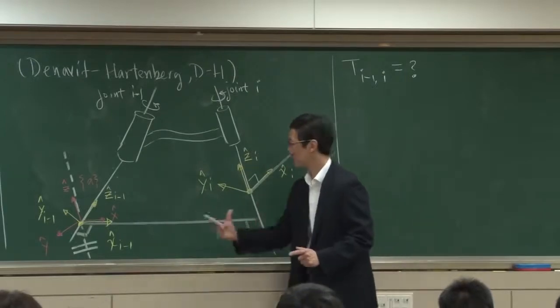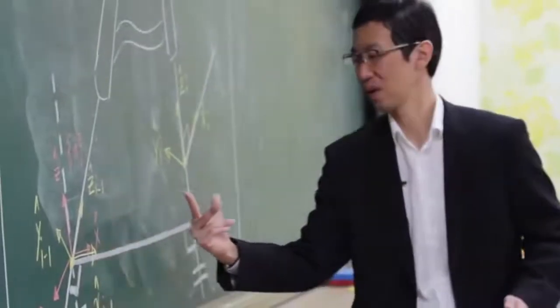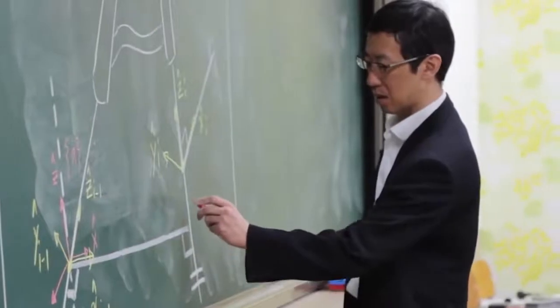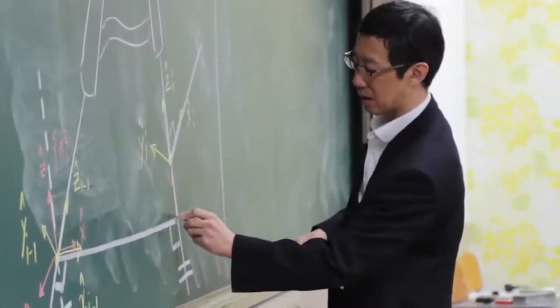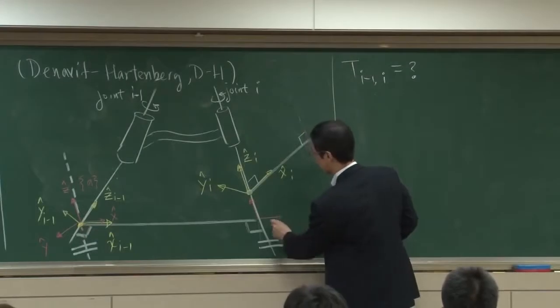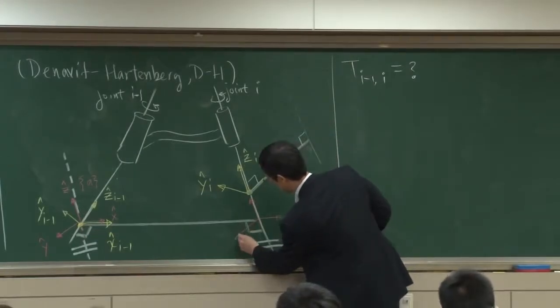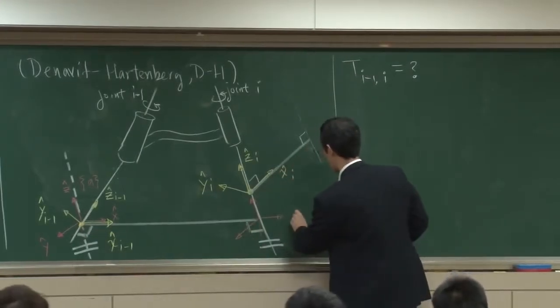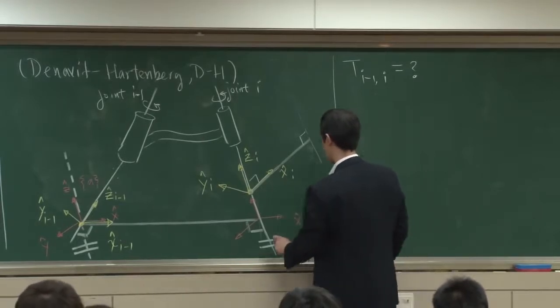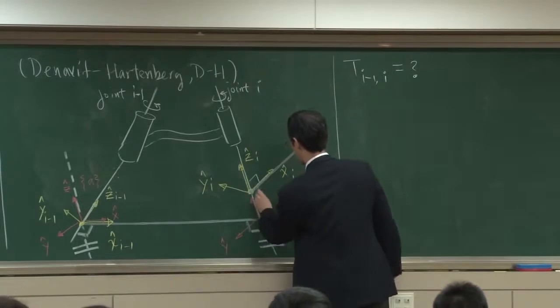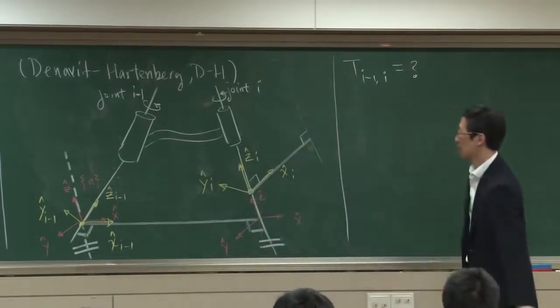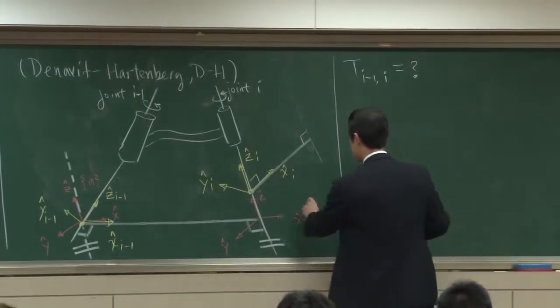Keep the same orientation, but just slide it over. So now it'll be that, that, that. So here's my x, y, z. So let's call this frame B.